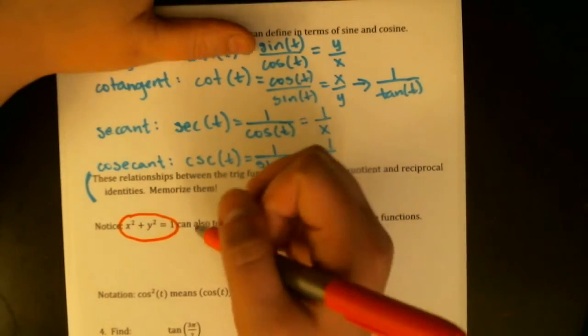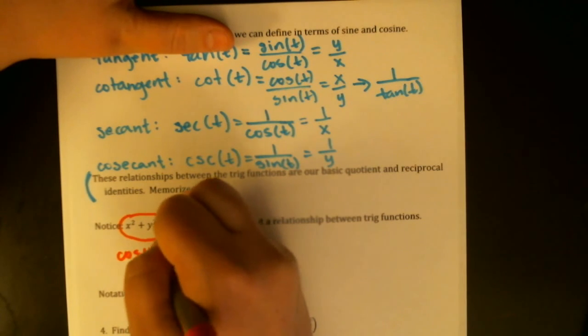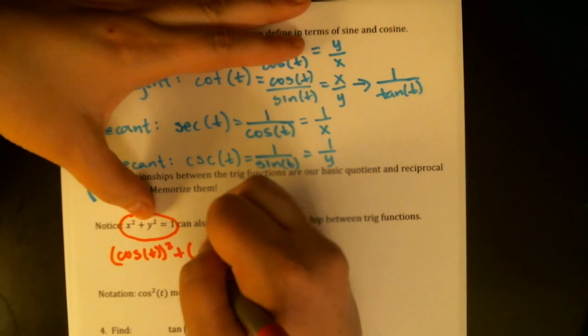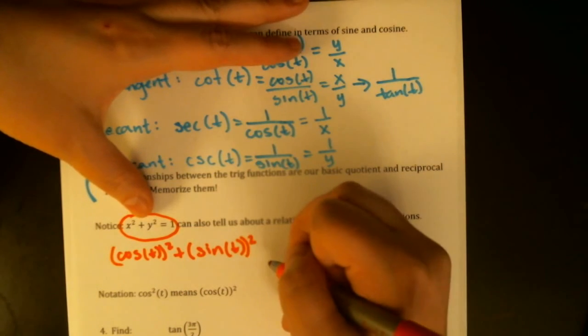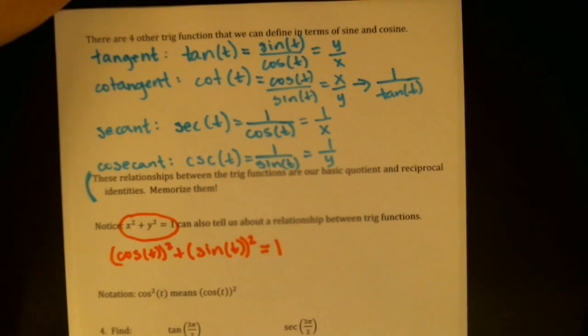We know that cosine t should give us our x's, so we take the cosine of t and square it, and y is given by sine t, so we take the sine of t and square it, and we add them up. That should always give us 1. This is your first Pythagorean identity. There are a few versions of the Pythagorean identity we'll run into more later that involve tangent, secant, and cotangent, cosecant. But for now, this one should get us through everything that we need to know.